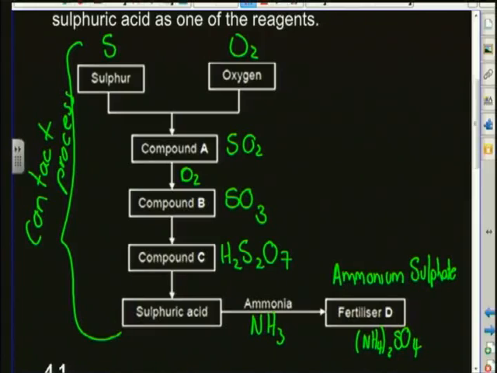From this question, in an exam, they can ask me things like the contact process, what's the name of the process. They particularly do like to ask about the reaction SO2 plus O2 gives me SO3. This is actually the reason why it's called the contact process, because we use vanadium pentoxide, V2O5, as a contact catalyst.